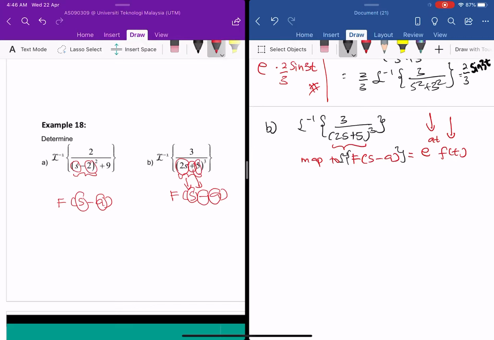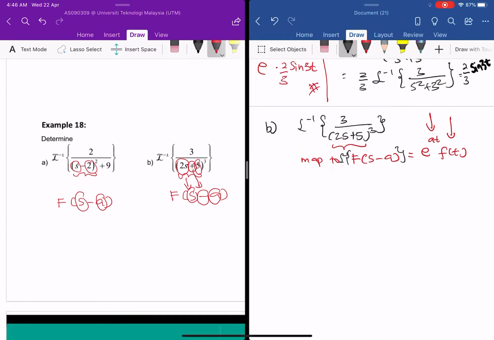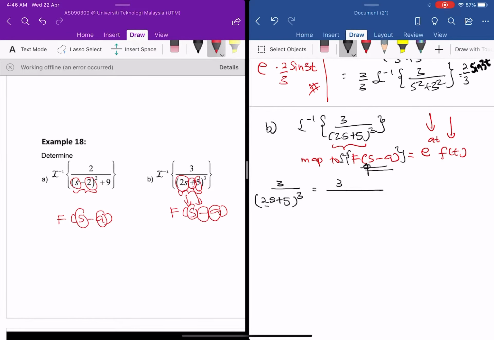So how? Okay, look at my sketching. No matter what, you need to find the s minus a. So we need to modify 3 over (2s plus 5) to the power of 3. How do we get only a single s? We need to move out the value of 2.